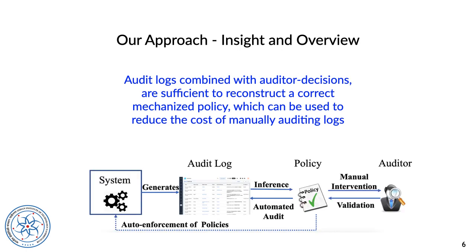The logs normally contain enough information for the auditor to determine whether a transaction is correct or not. We leverage this information to generate a partial policy which can subsequently be applied to audit the future log entries.